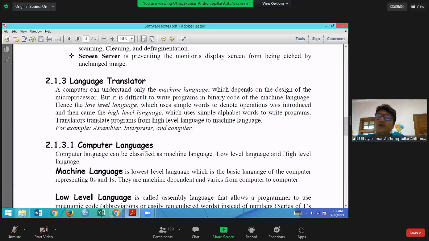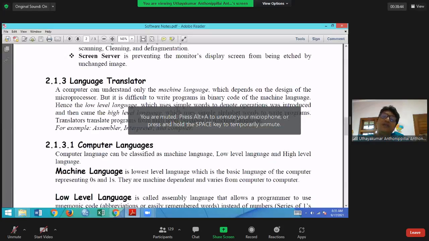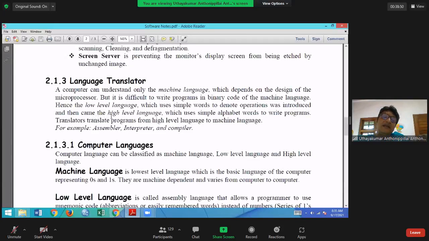Machine language depends on the design of the microprocessor, but it is difficult to write programs in binary code. Hence the low-level language, which uses simple words to denote operations, was introduced, and then came the high-level language, which uses simple alphabet words to write programs.